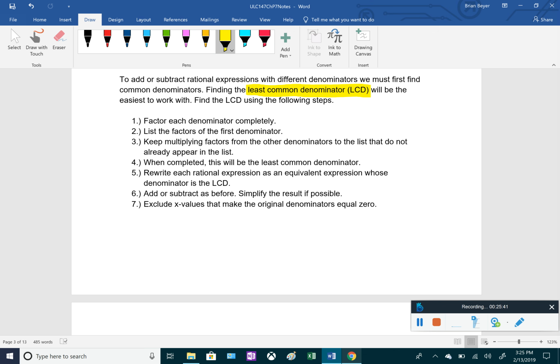We keep doing this until we go through every denominator, and we never have to write the same one twice. Then we make sure that we exclude values that make the denominator 0 at the end. Once we have that least common denominator, we have to rewrite every expression so it has that denominator, just like we did with numerical fractions.